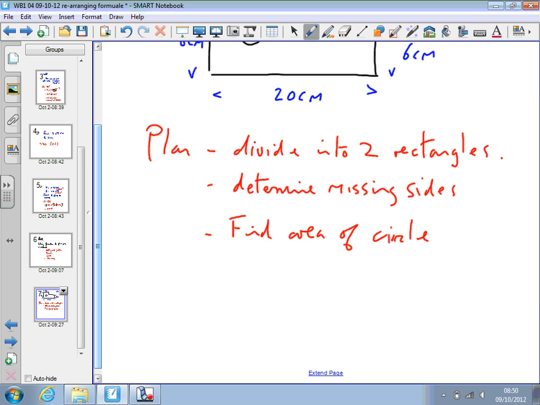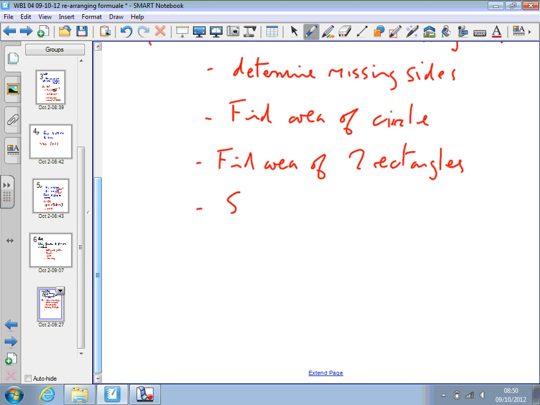Go on. So therefore, find the area of the two rectangles. Anything else we need to do? Right. Yes. That was what I was waiting for. The obvious thing is to subtract the area of the circle.